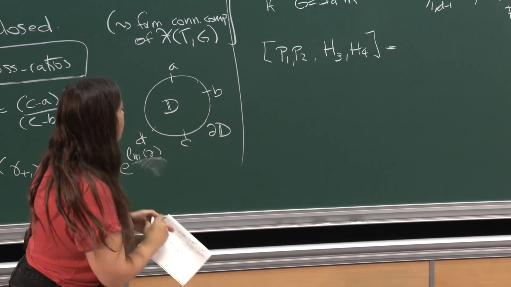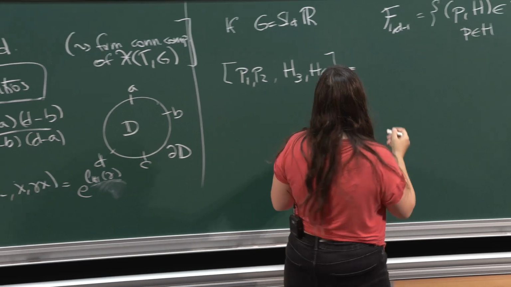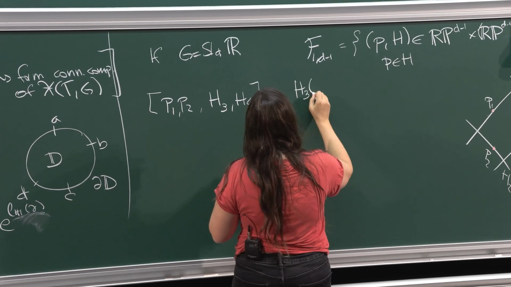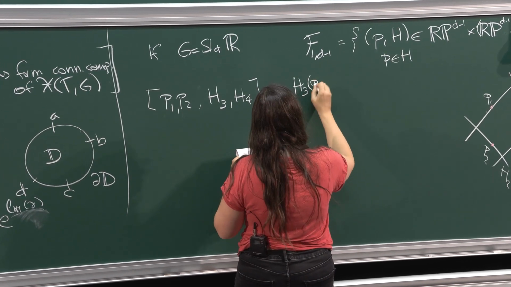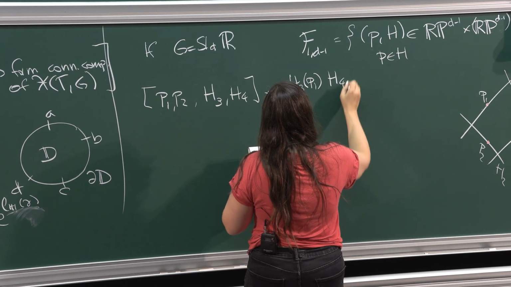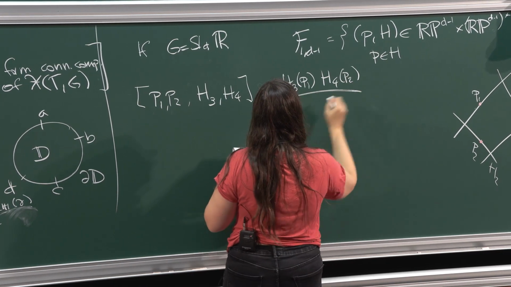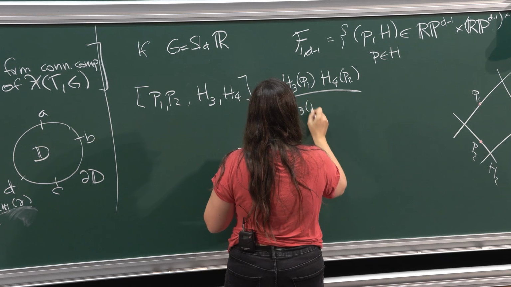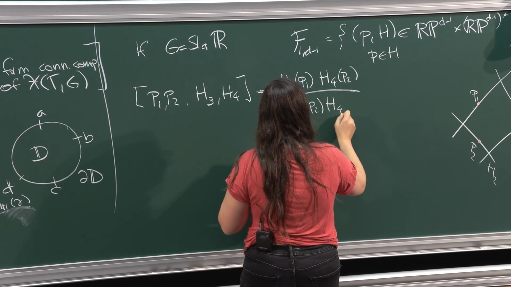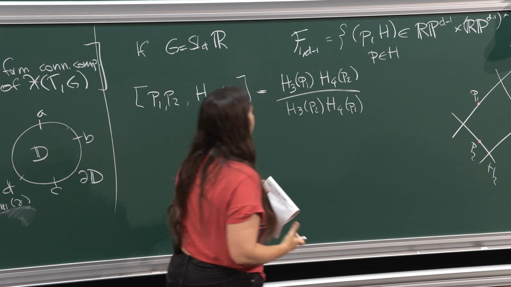And this is as a formula, which is I compute H3 of P1, H4 of P2 over H3 of P2, H4 of P1.